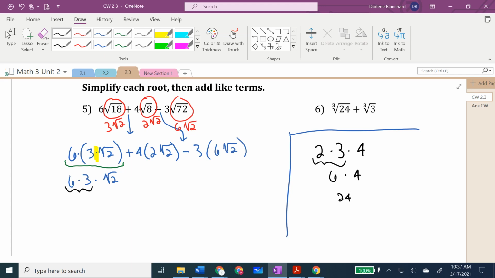So you can multiply 6 times 3 to get 18. And then that is multiplied to root 2, and that particular piece is as simplified as it can be. Then this addition sign is dropping down.